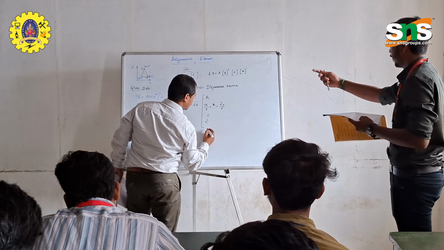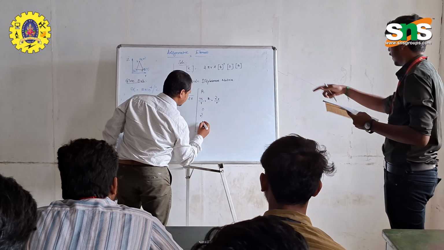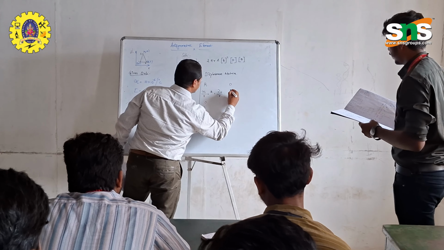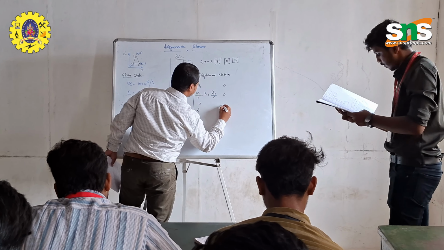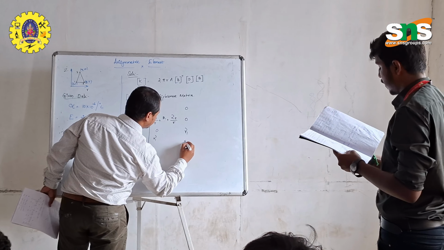Next column: 0, 0, gamma 1, beta 1. So next step.